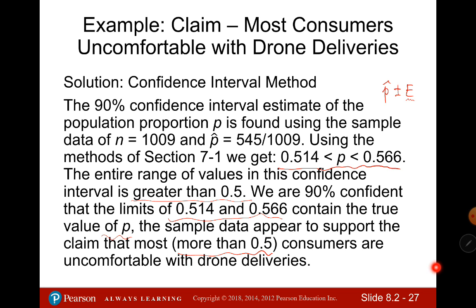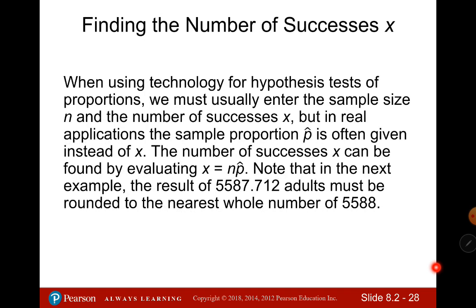Sometimes with the p-value method or critical value method we reject the null, but after we construct the confidence interval, we fail to reject the null. So the conclusion is that we use the p-value method and the critical value method to do the hypothesis test, and we use the confidence interval just to estimate.